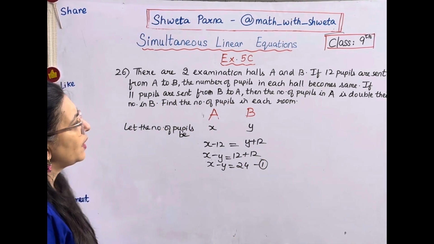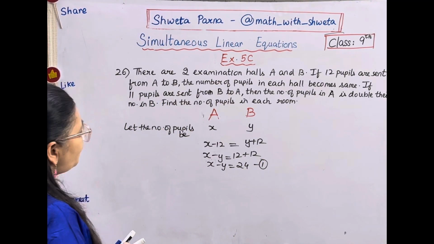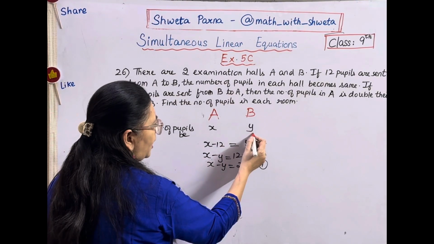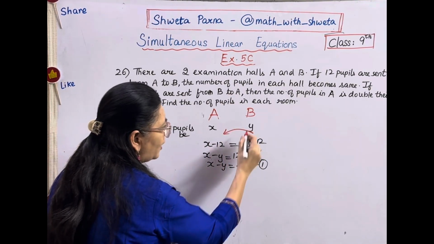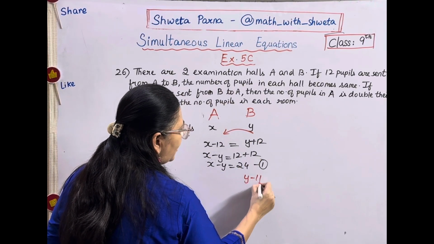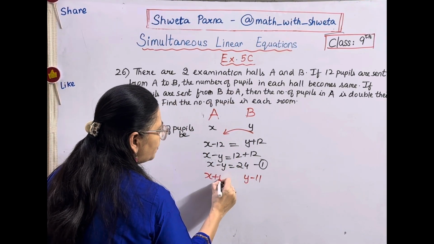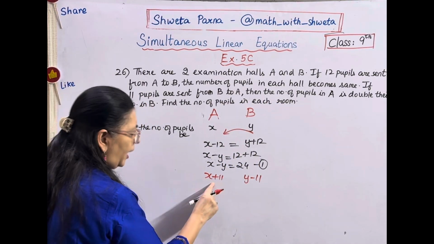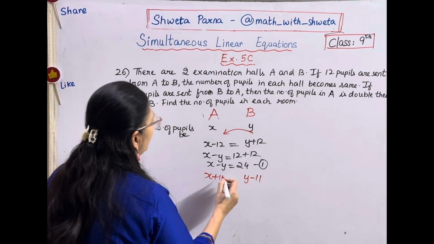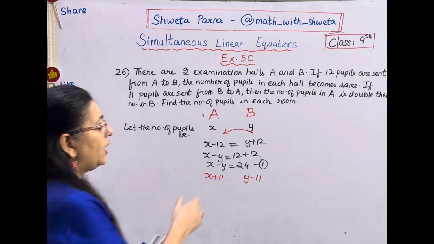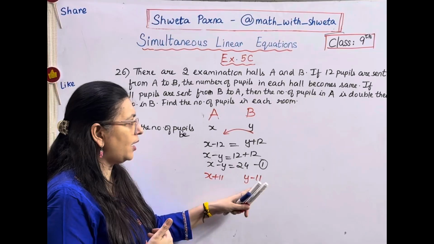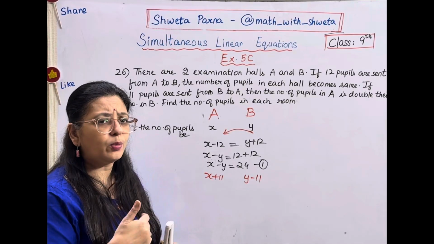First equation. Second one. If 11 pupils are sent from B to A, from here to here 11 students went, so this will become Y minus 11 and this will become X plus 11, correct? Then the number of pupils in A is double their number in B. That is, if class A has double the strength of class B, and we want to equalize, what will you do?